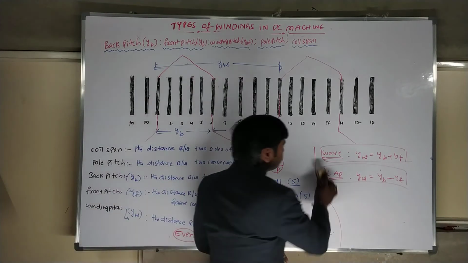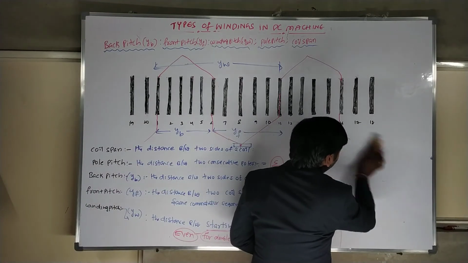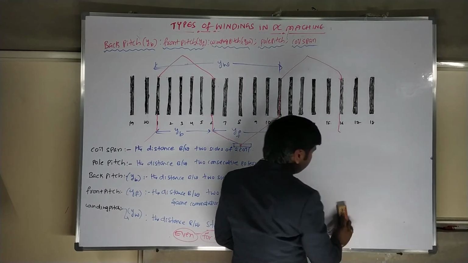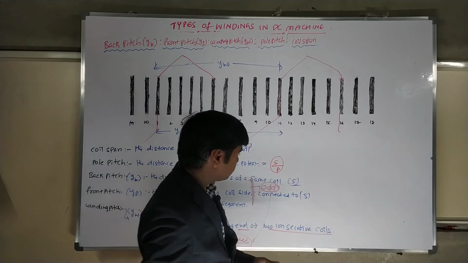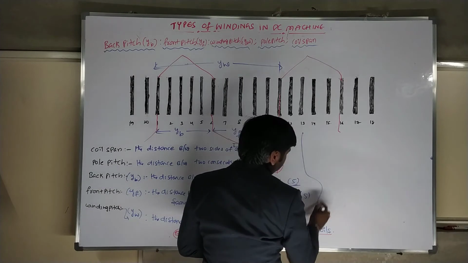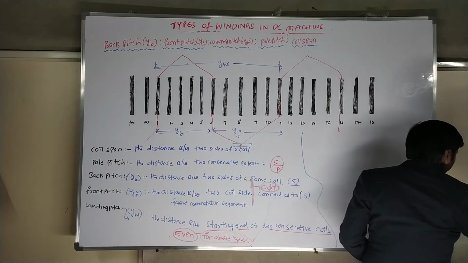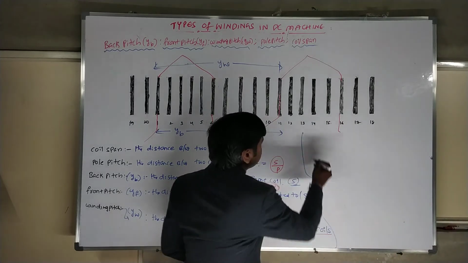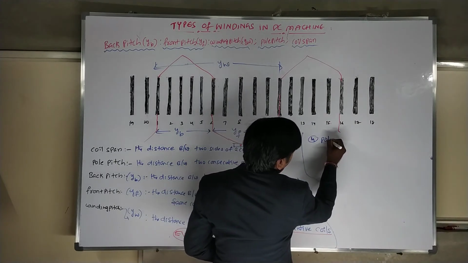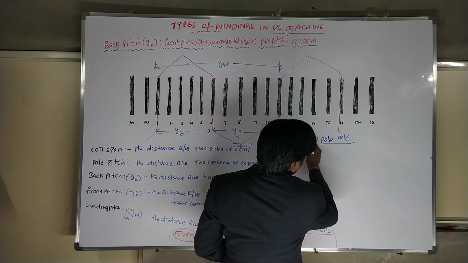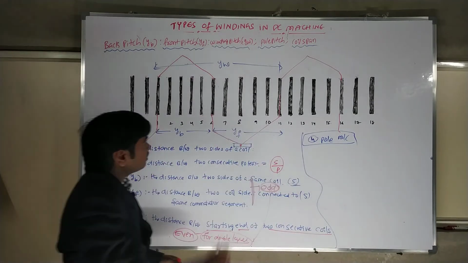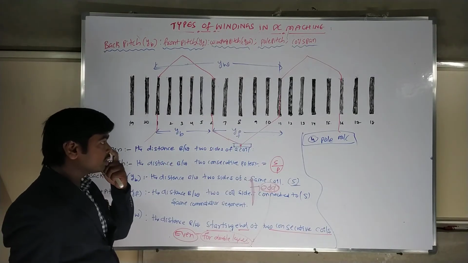Next, one more interesting point: the relation between the winding pitches and the number of slots. Let us take a 4-pole machine, for example with 20 slots.